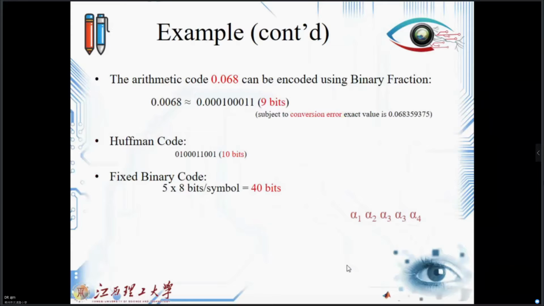Then 0.068 can be encoded by using some binary functions, and this is in 9 bits, but if I compare it with the Huffman code, it has 10 bits. So 1 bit is already reduced and compressed, and the fixed binary code is 5 multiplied by 8-bit symbols, meaning that we have 40 bits there.